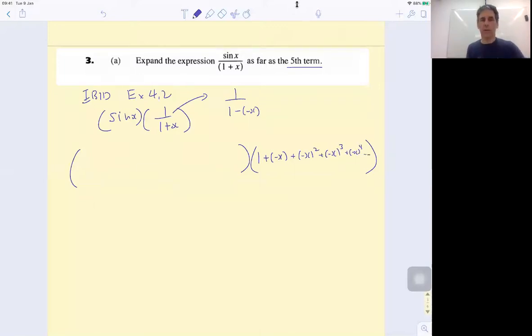Now the series for sine x is on the formula sheet from the IB, and I'll just check it to make sure I don't make a mistake here. Where can I get my formula sheet pretty quickly? I put it on the Google Classroom page.